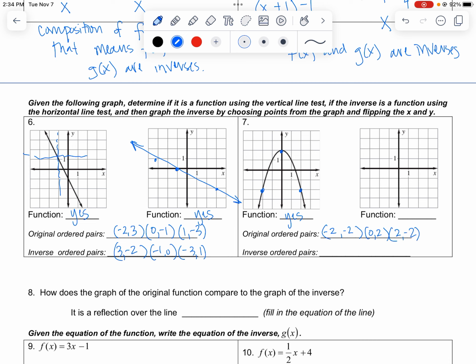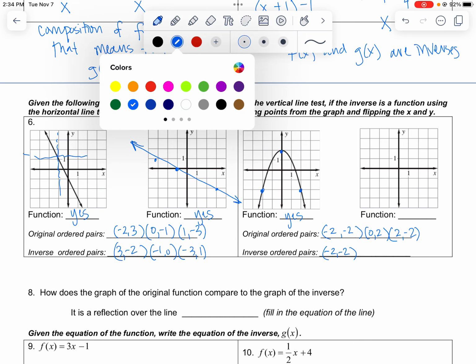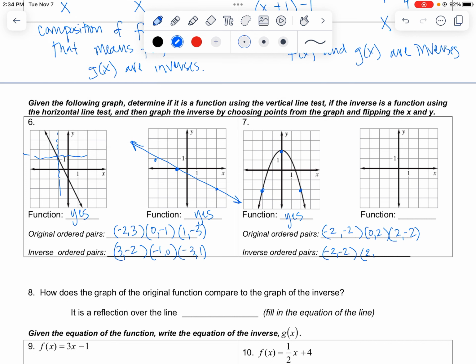Okay, I can already see a problem developing here. Let's see if you can catch it. Now, the inverse ordered pairs are going to be -2, -2, 2, 0, and -2, 2. So when I go to graph this, I've got -2, -2, I've got over 2 up 0, and I've got -2 up 2.